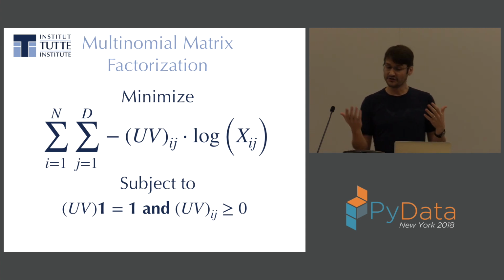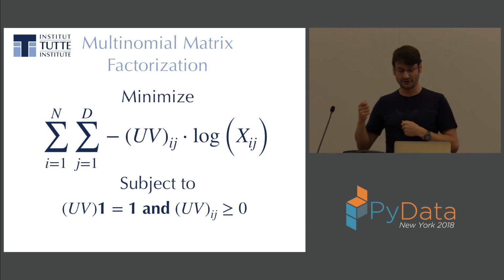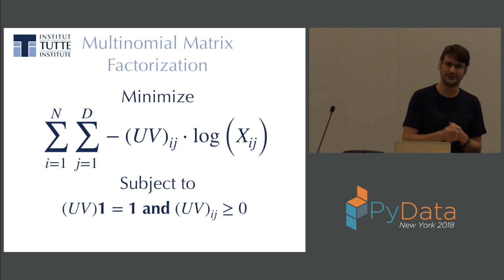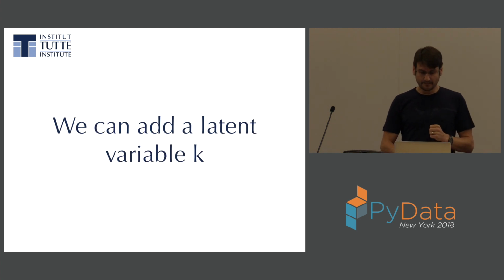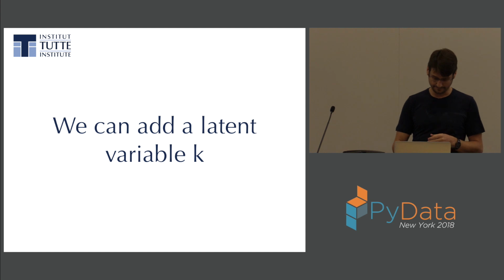The loss term just follows through from that negative log likelihood, and I'm going to have to stick some constraints on my reconstruction so that my u times v actually give me things that look like parameters of a multinomial distribution. That's great. But we can go a little better. We can add a latent variable k.